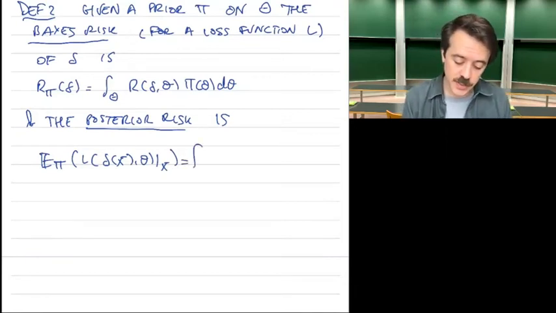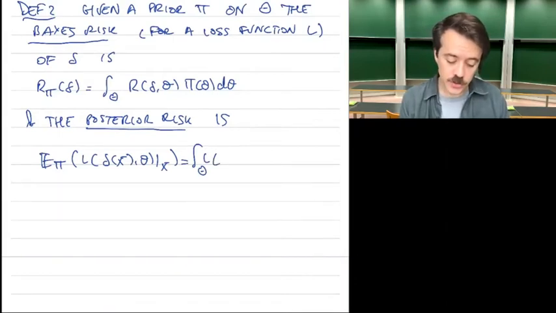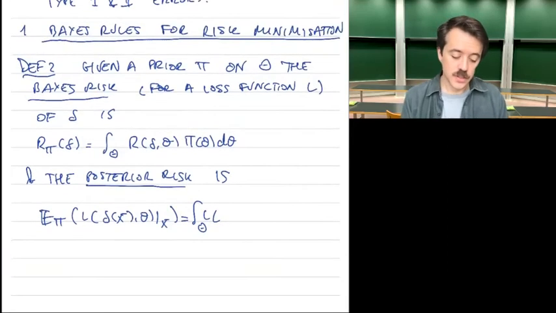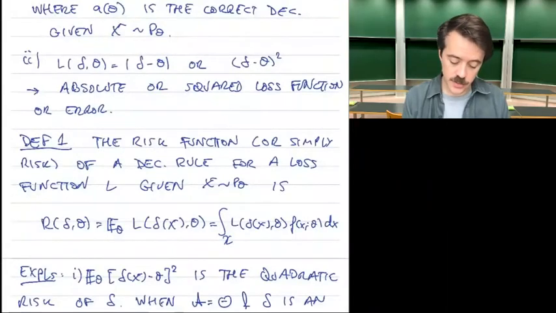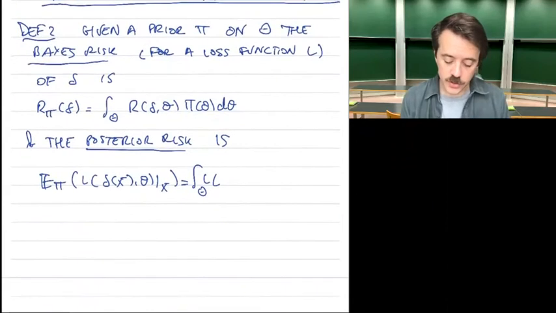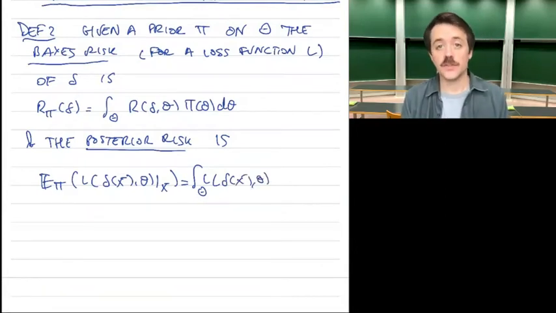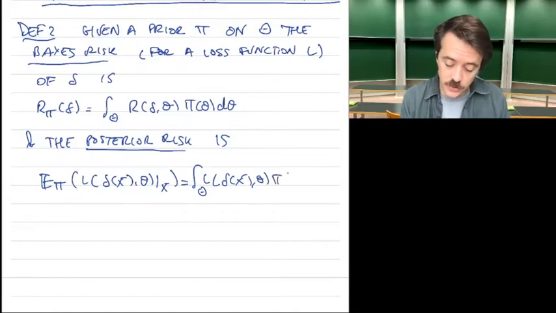Well, this is simply the integral over the parameter space again of the loss function. So let me just check that I haven't written anything silly. Yes, okay. So the loss function of the two guys here, now theta, and as I was saying, we're going to integrate with respect to the posterior rather than the prior.